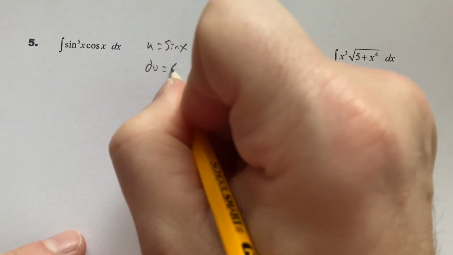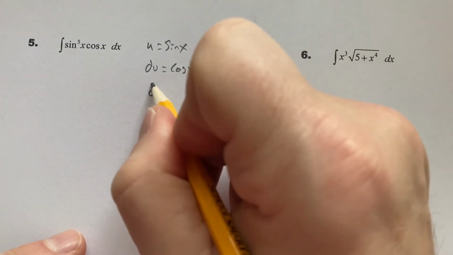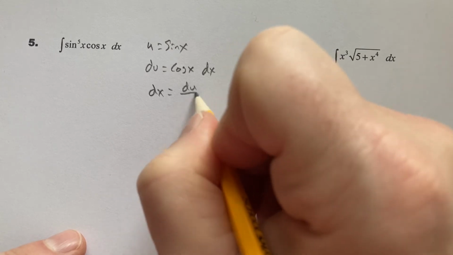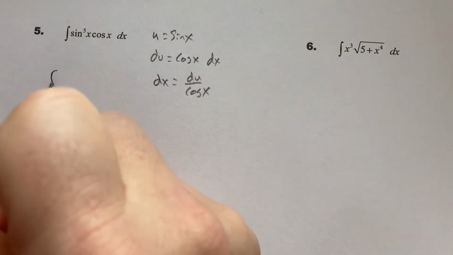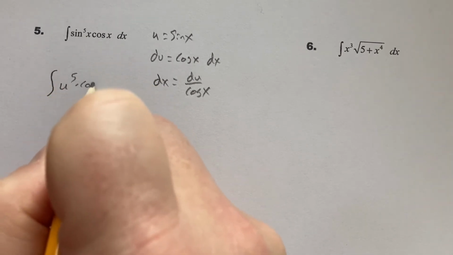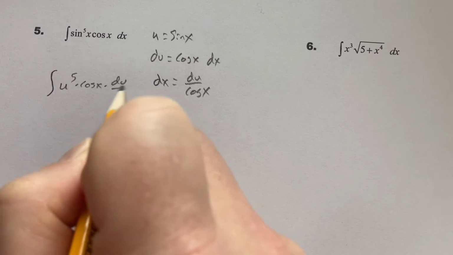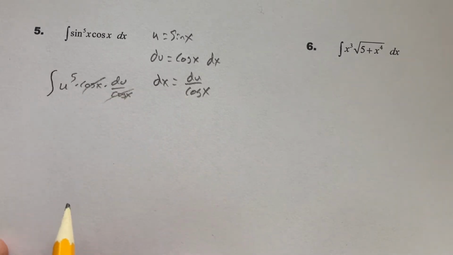du is going to be cosine x dx. That's the derivative of sine. So that means dx is du over cosine x. So you come back over, instead of sine to the 5th power, now it's going to be u to the 5th power times cosine x times du over cosine x. Cosine x's cancel.